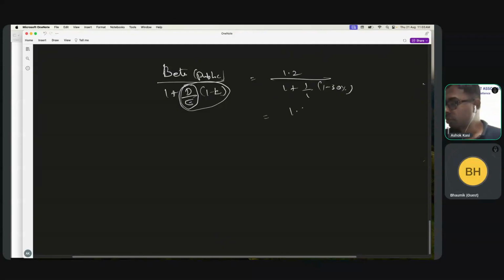So that will come to 1.2 divided by 1 plus 0.70. Just calculate this. 50/50 is 1/1.